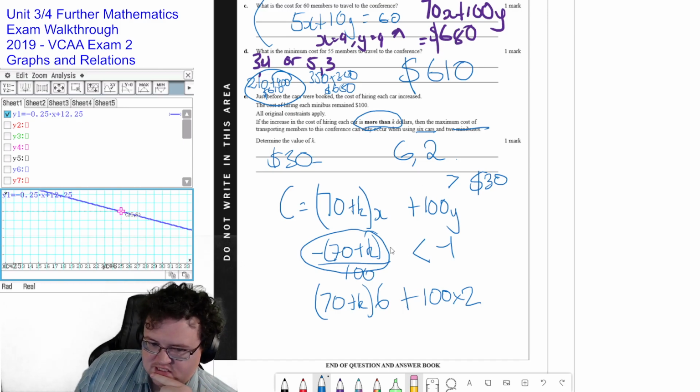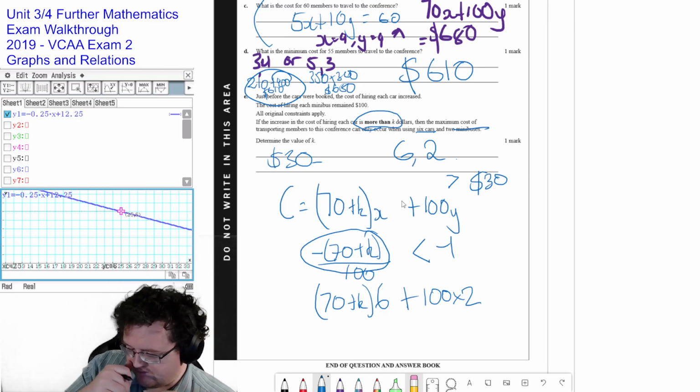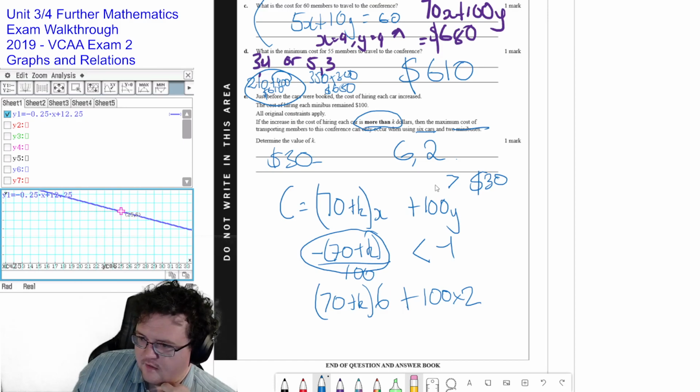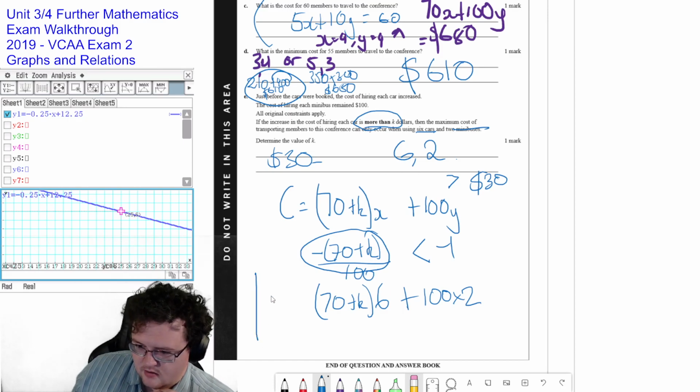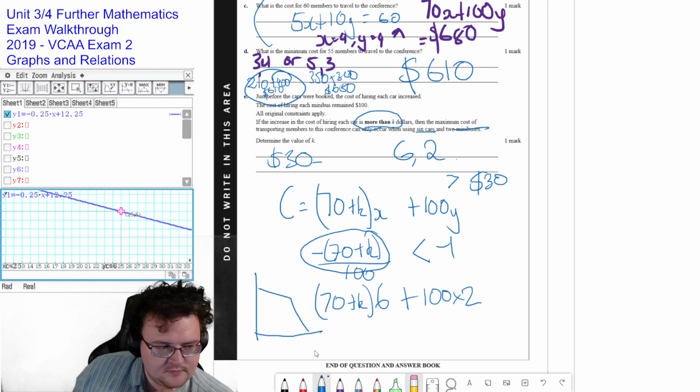But the idea is that this equation, when we're talking about corner point principle and we're talking about trying to maximize cost, well, clearly we are looking for corners.